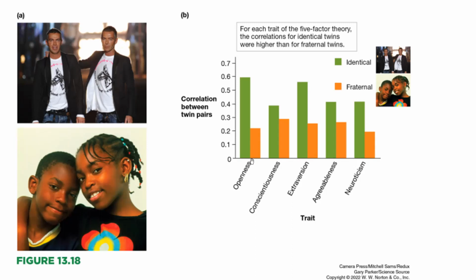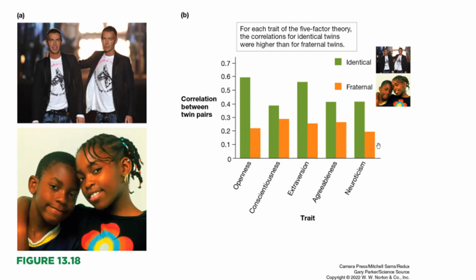These are the correlations between the identical twins on each of the big 5 personality traits, colored in green. The correlation levels, which are the similarity levels between them, are much higher compared to the similarity levels between the fraternal twins.